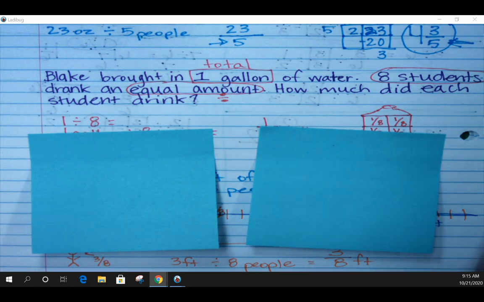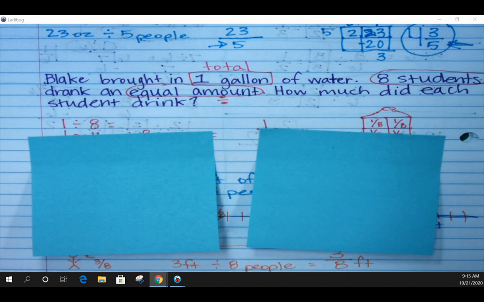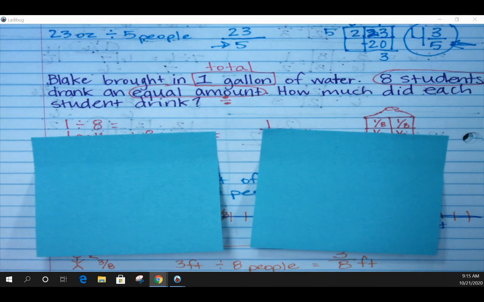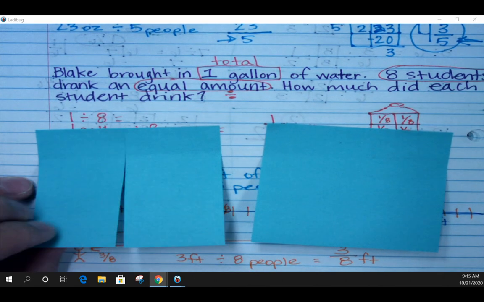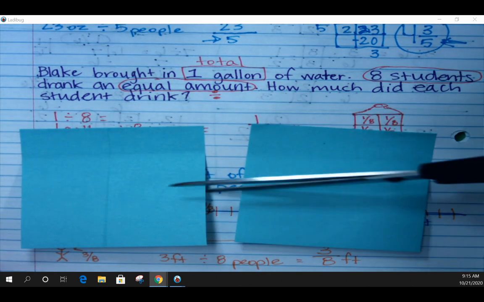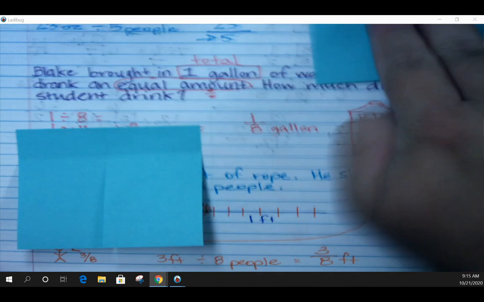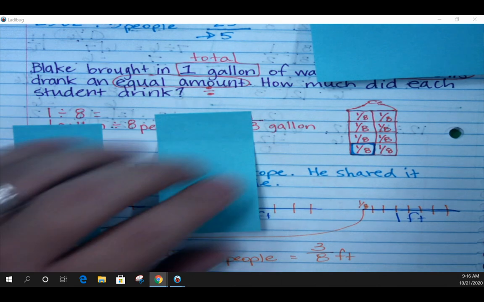Okay, I'm going to share my 2 peanut butter cookies with 4 people. If I'm going to share these with 4 people, Bryson, what do I have to do? If I'm going to take this one cookie and share it with 4 people, what do I have to do? I have to cut it in fourths.